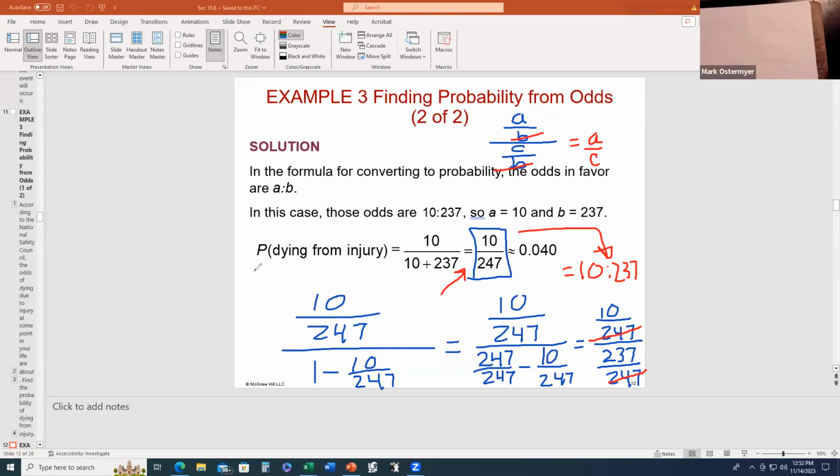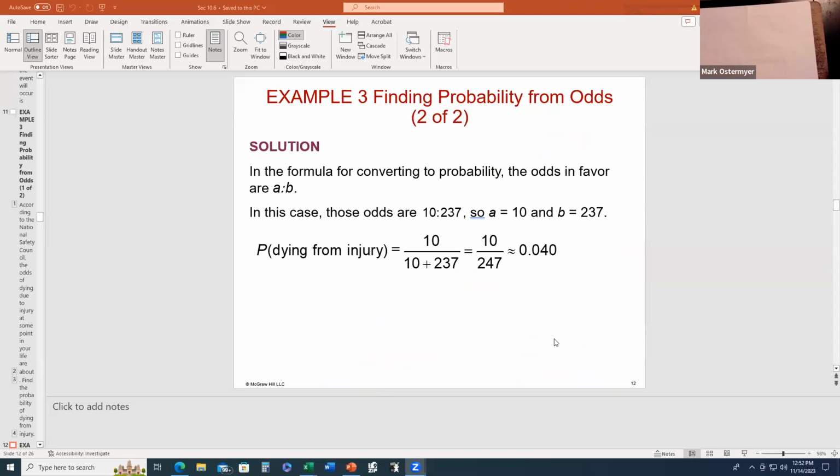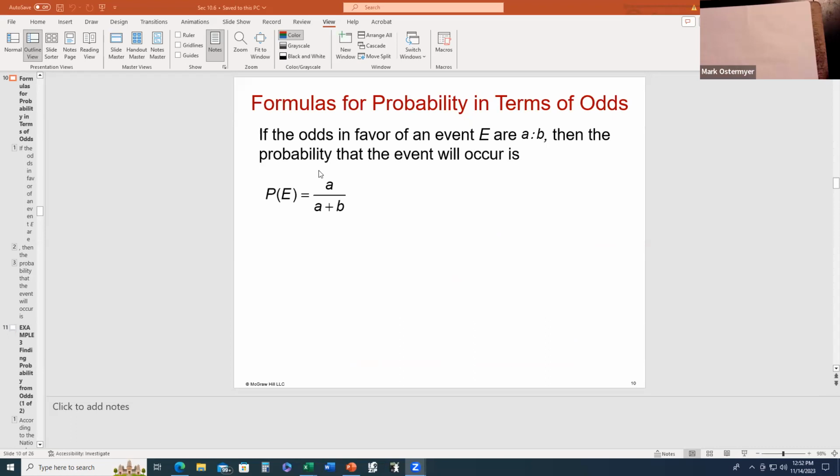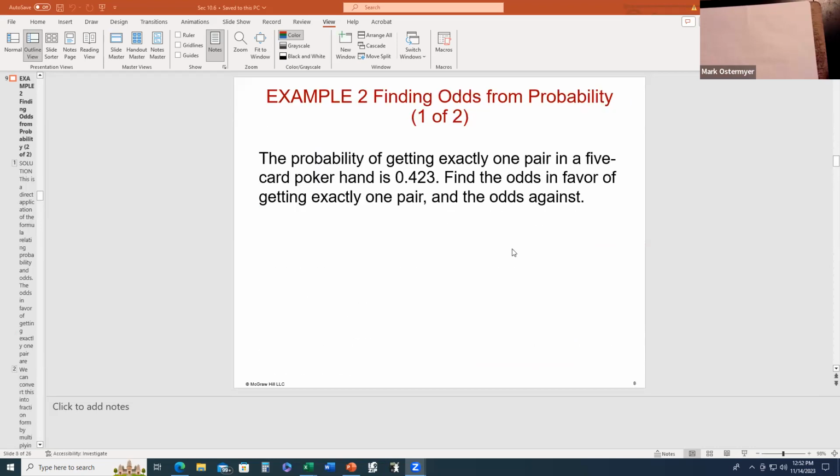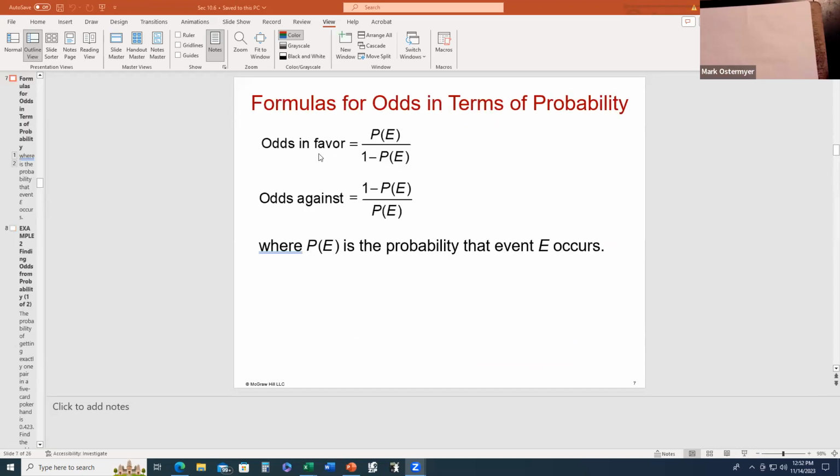But the key is you need to just remember the formulas. You got to know this formula. This enables you to go from odds back to a probability. And these formulas here enable you to go from a probability back to odds.